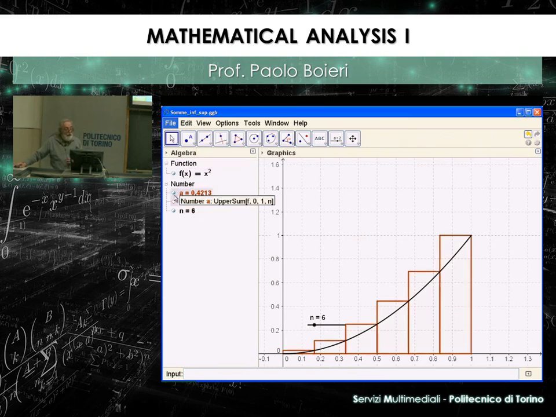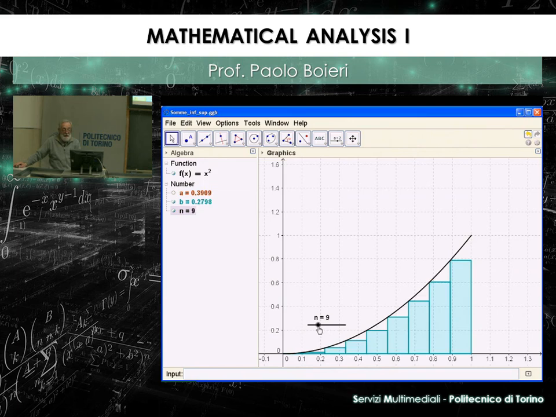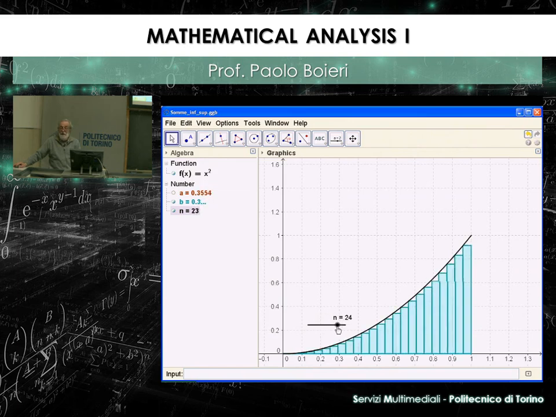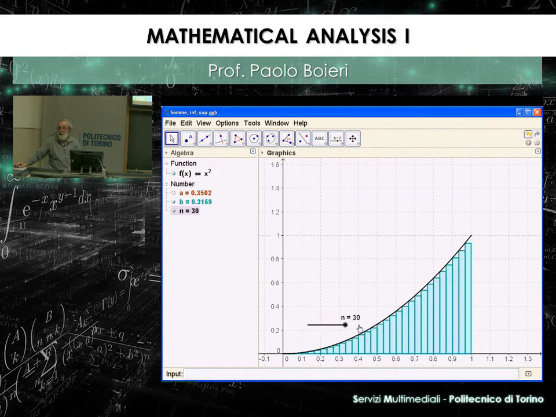Okay? Here you see the one that approximates from below. Fine? And then what I say? I have to do now what? I have to change this number of subdivisions and let this become greater and greater.